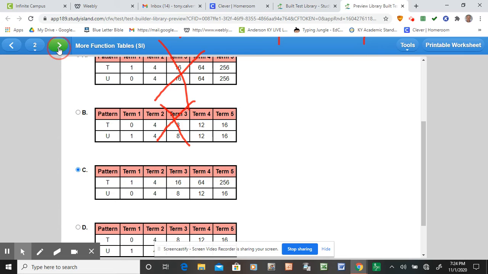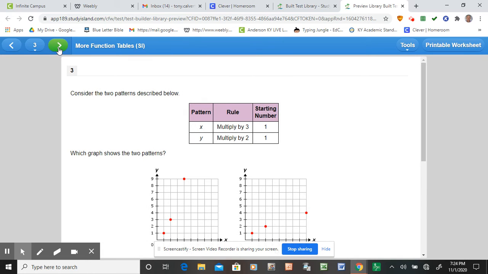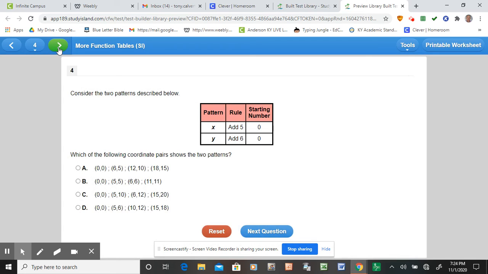Now let's go to another one. This is a different kind of problem. This is where you actually plot the points, but let's do a different one first. There's one on here that we need to get a good look at, and this is it right here. I'm going to work the table the same way.